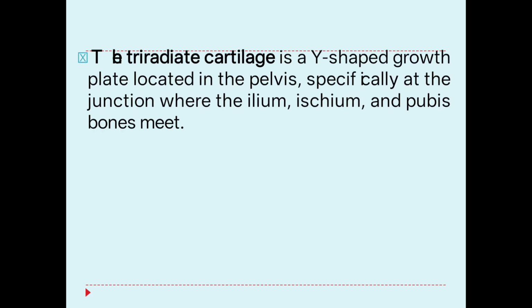Let us have a little knowledge on triradiate cartilage. The triradiate cartilage is a Y-shaped growth plate located in the pelvis, specifically at the junction where the ilium, ischium and pubis bones meet. Already we discussed the bone numbers from about 270 to 206.